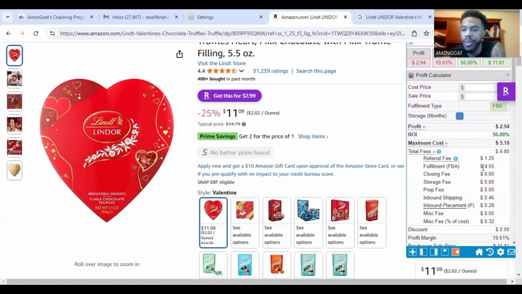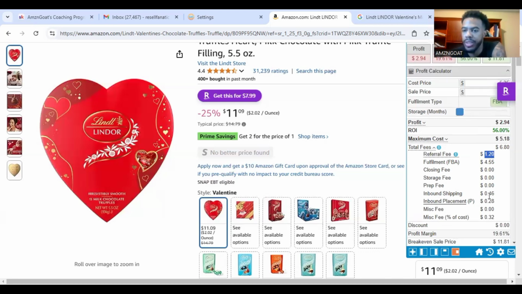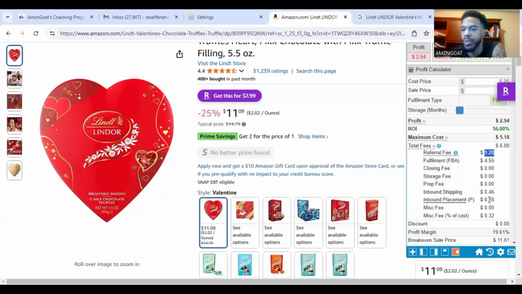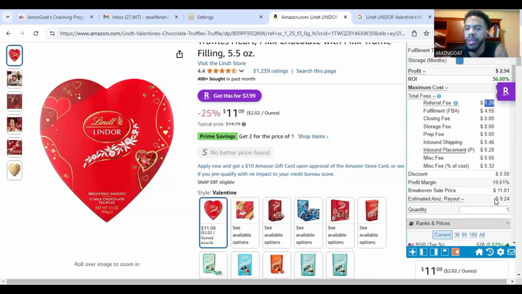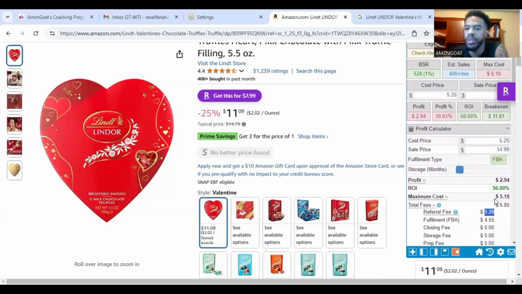They give you the FBA fee, which is $4.55, the referral fee, which is $1.20, and hopefully you're buying and selling products that are moving, so you don't have to pay any storage fees. You're prepping the stuff yourself, so you don't have any prep fees, and the inbound shipping is already set up for 46 cents, and the inbound placement is 28 cents.